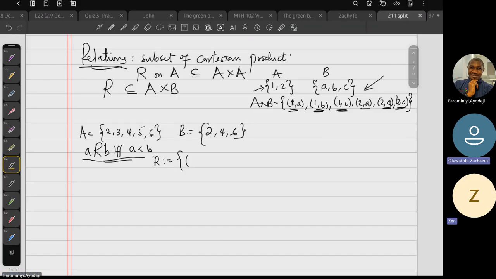(2,4), (2,6), (3,4), (3,6), (4,6), and (5,6).